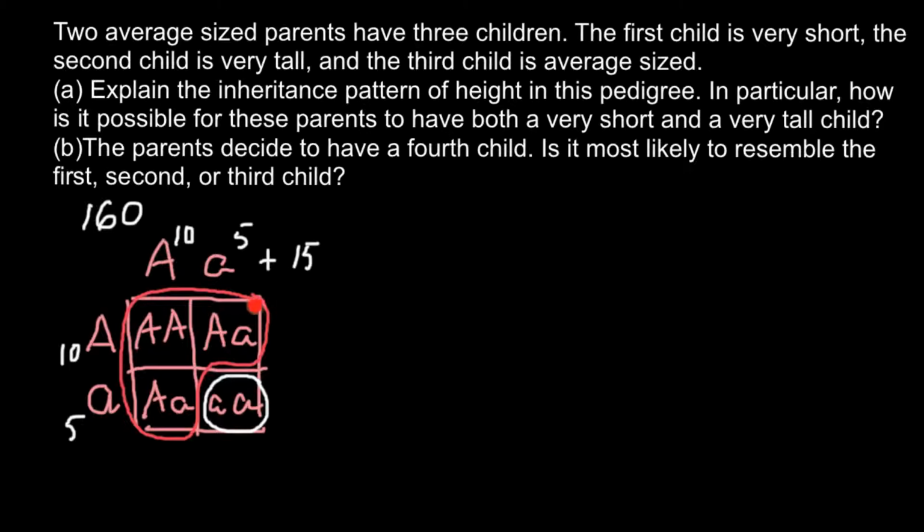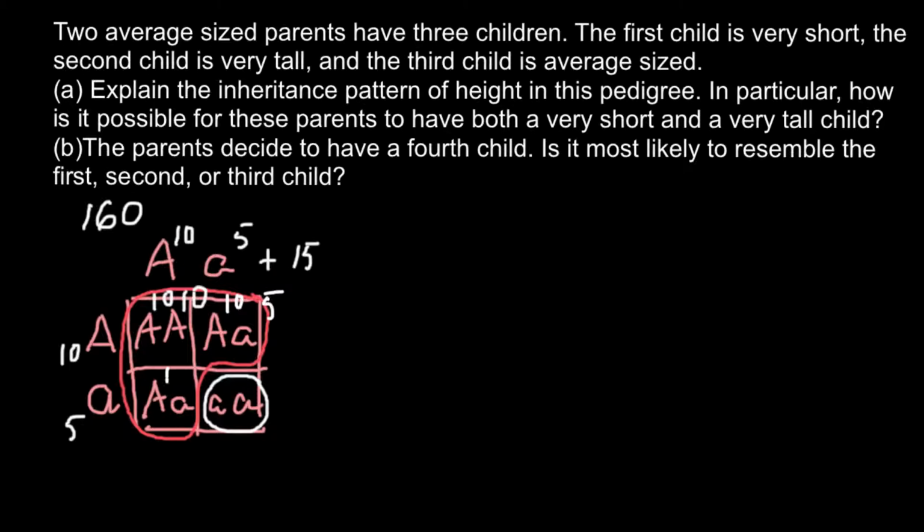We wouldn't have a 3:1 ratio, and the ratio would be different. So this child would inherit two dominant alleles, so the average tallness plus 20 centimeters would give him or her a tallness of 180 centimeters. And this child would have one dominant allele and one recessive allele.